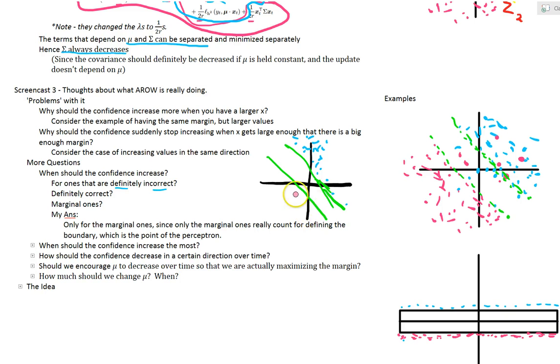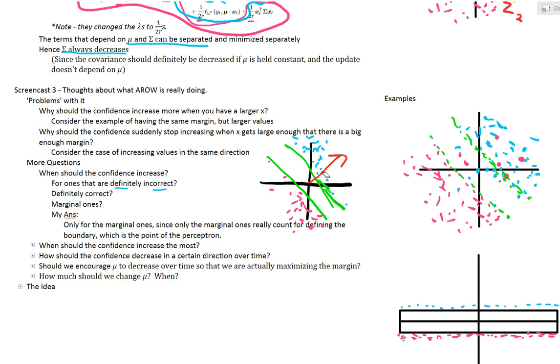And then in the other color, we've got a bunch of points here, and just a few points here. So this is the boundary we want, right? Ultimately, we're going to want our vector to be in that direction, pointing towards the blues, right? It really shouldn't be affected by this mass of points. It should only be affected by the points on the boundary, and it also shouldn't be affected by how many points there are, right?